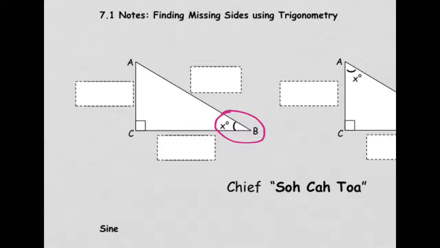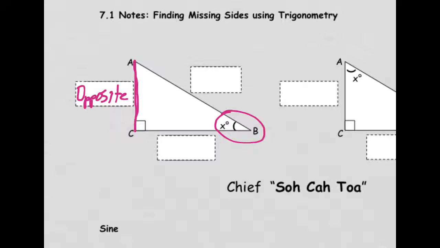So I've got angle B, and notice the side opposite angle B. When I'm saying opposite, that just means on the other side of the triangle. We're just going to label that side opposite.